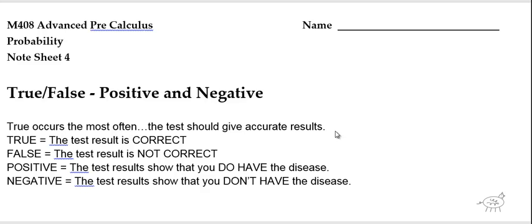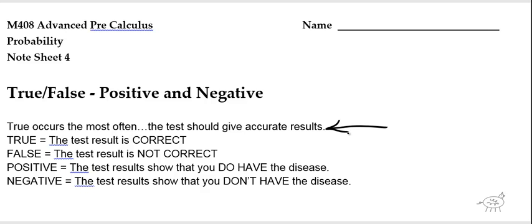That occurs most often. The false is when the test doesn't work. I said true occurs most often because the test should give an accurate result. If you're going to the doctor and the test is not working, and the doctor keeps making the wrong decision on what you have, that would be bad.